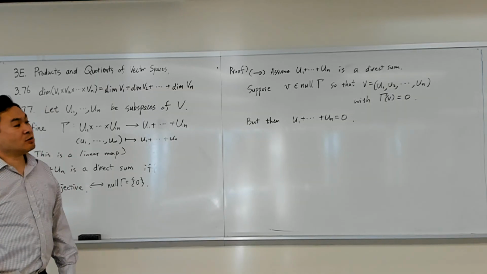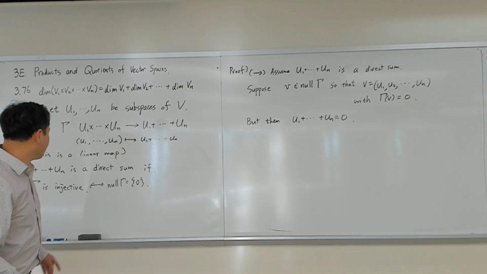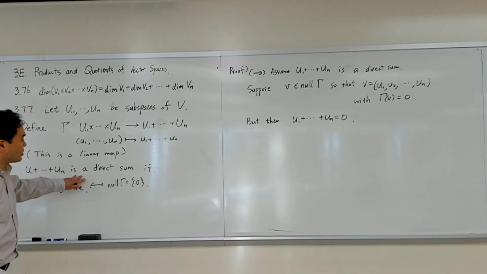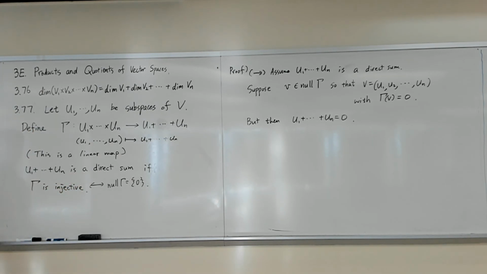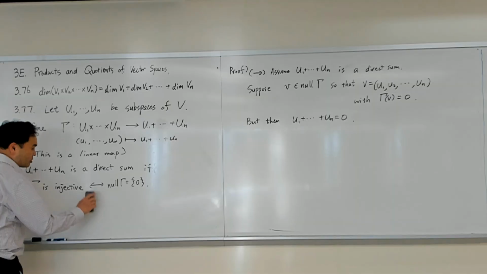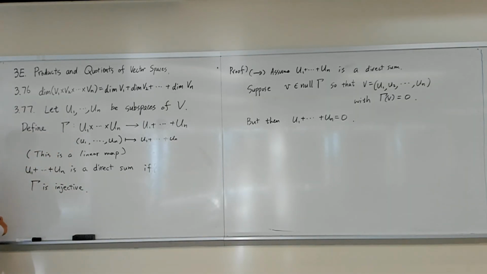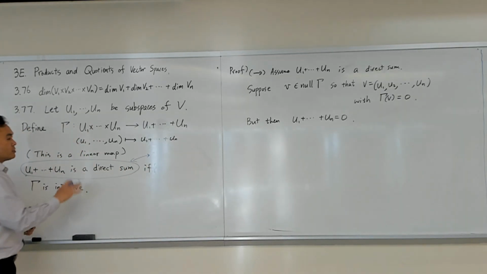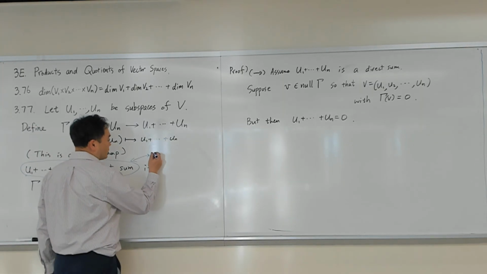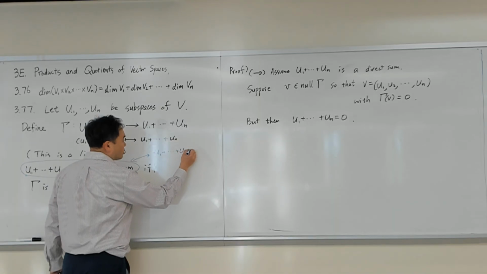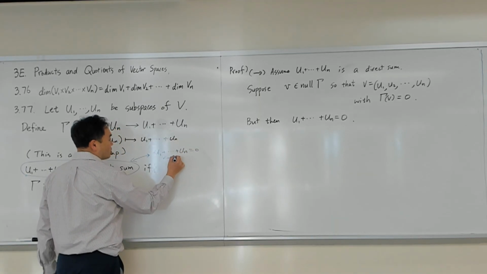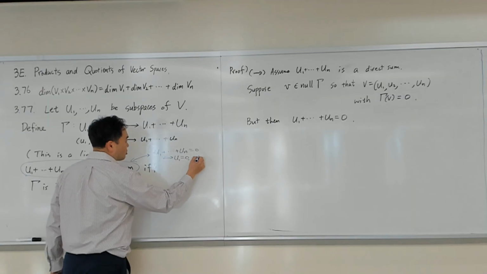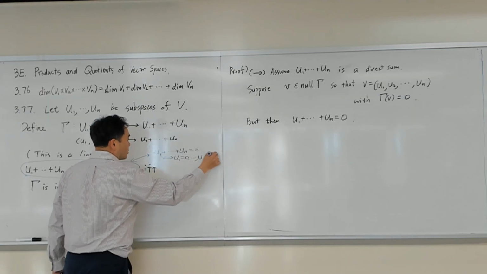And we also learned that something is a direct sum if and only if, so maybe I should number this, this one here is a direct sum if and only if u1 plus ... plus un equals 0 means u1 is 0 all the way up till un is 0.